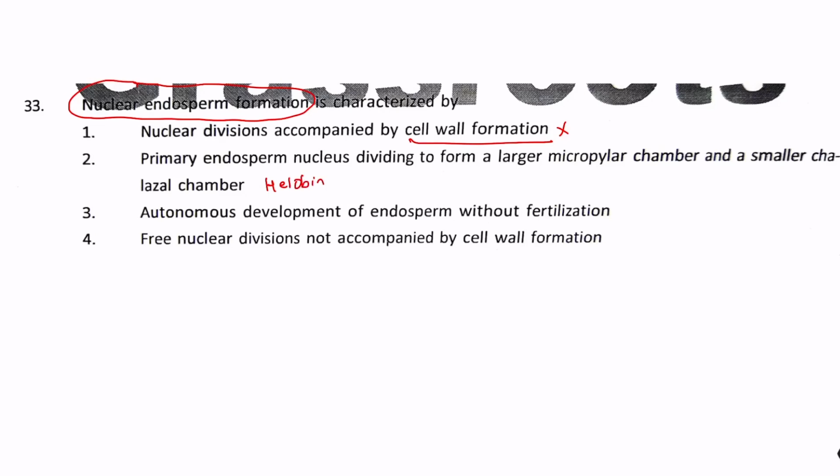So this is not nuclear again. Next is autonomous development of endosperm without fertilization, apogamy. So this is not nuclear endosperm formation. Free nuclear divisions not accompanied by cell wall formation is the correct definition of nuclear endosperm formation. So this is our answer number 4.